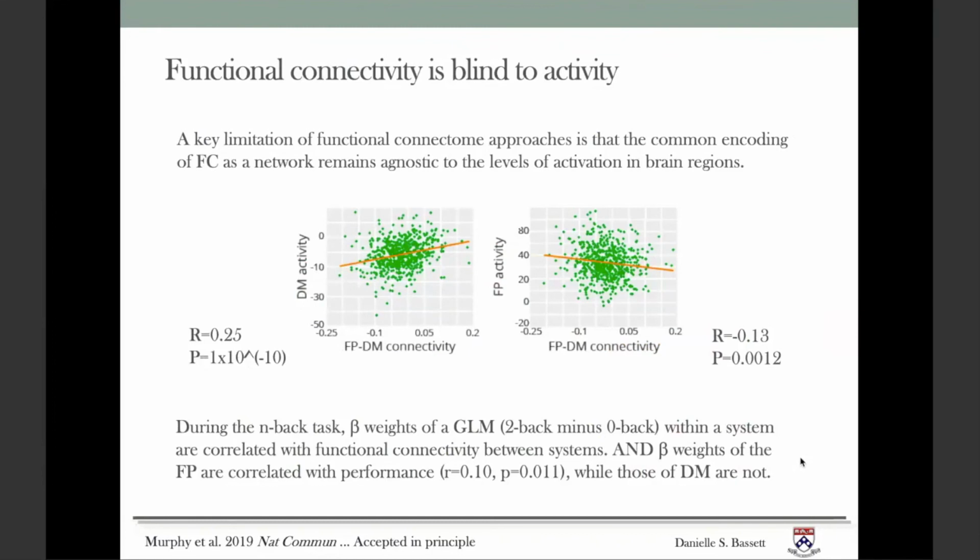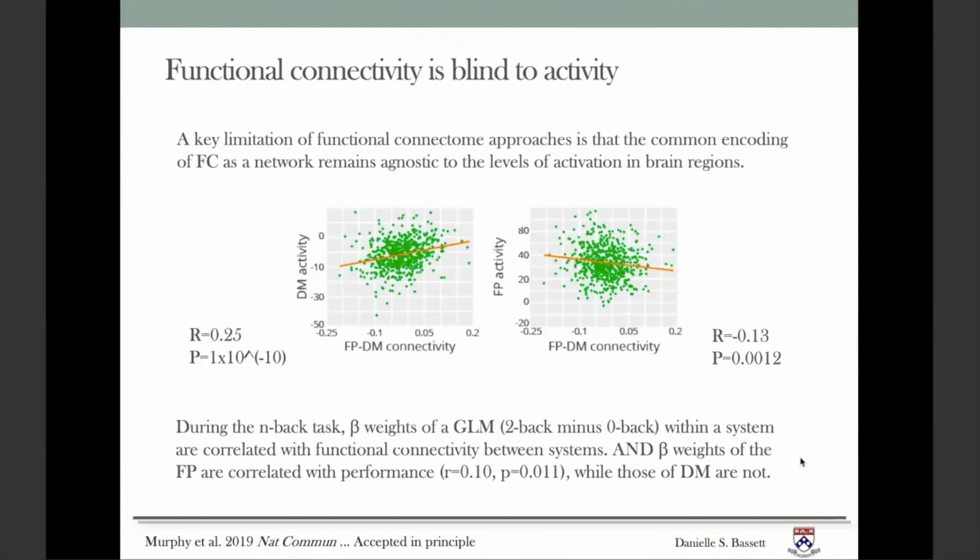So here what I'm showing you is we perform a general linear model to estimate beta weights of the 2-back minus the 0-back contrast. And then we average those beta weights over the default mode system. That's what's in the y-axis here. And then we also average them over the frontal parietal system, and that's what's shown here.